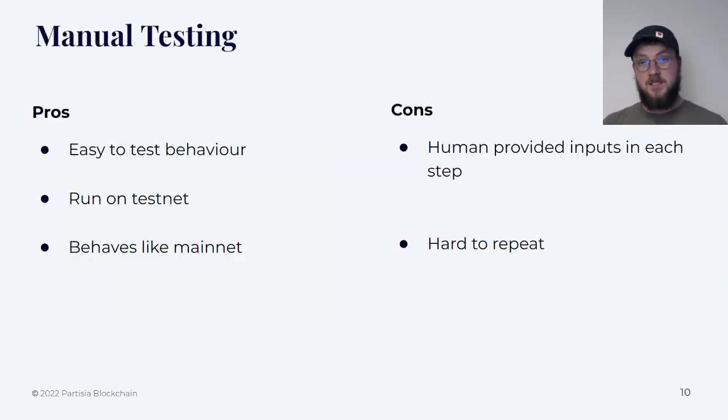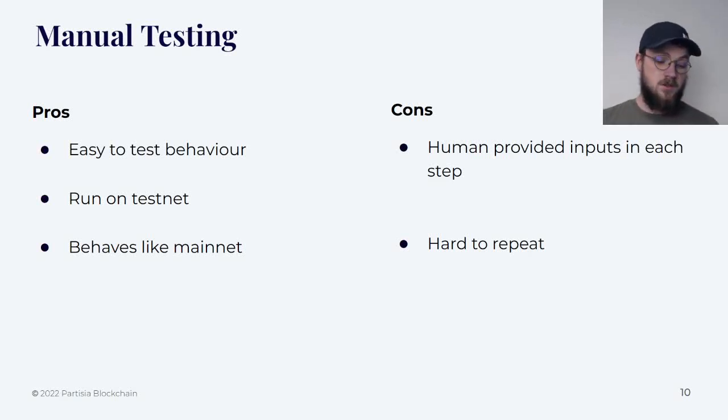Manual testing is very nice for testing quick behaviors and not very long sequences of actions. It's running on the testnet, which is actually a test deployment of mainnet, and it behaves like mainnet in this way, so this is actually an integration test of our auction contract.